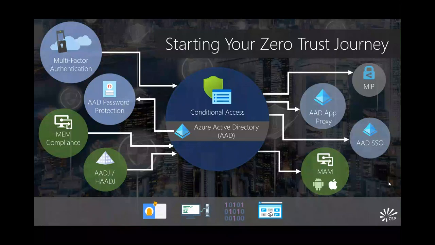Another powerful tool, it used to be used a lot more, but it doesn't get used as much as it should nowadays, is Azure AD proxy or Active Directory proxy. This basically is a tool that you can use to port on-prem applications and publish them in AAD. Basically, it wraps a cloud security feature around the application.